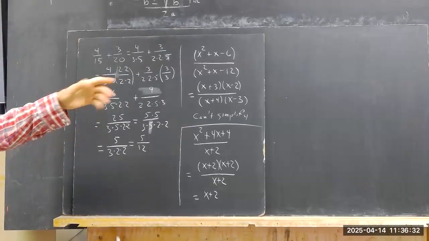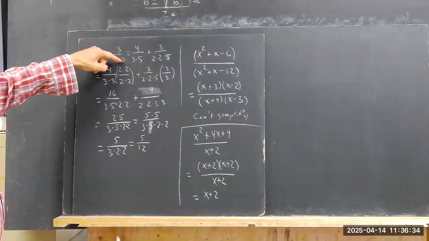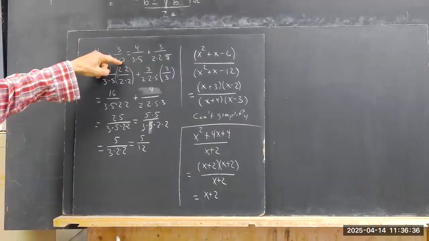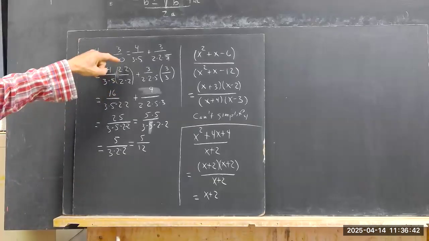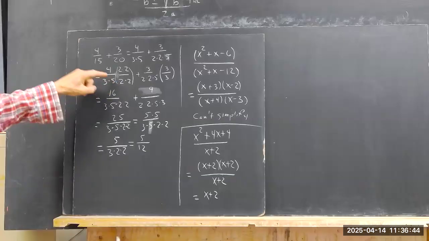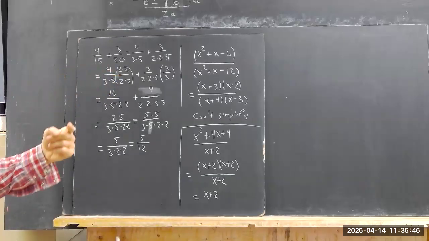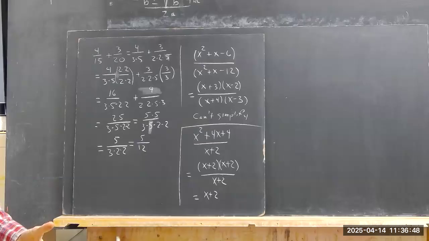Where what you multiply it by has the same numerator as the denominator, because the numerator has to be the same as the denominator. That way, when you multiply the fraction by the numerator over the denominator, you're just multiplying the fraction by 1. You're not changing its value.